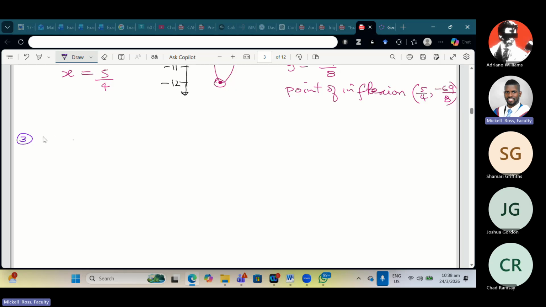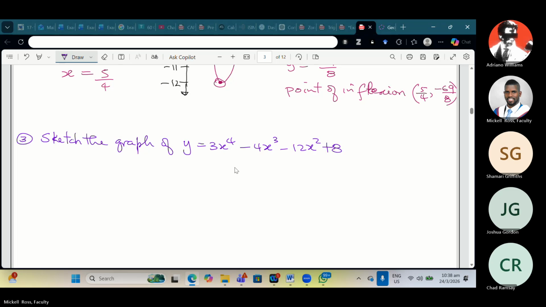So say for instance, we can go ahead and find the y-intercept.